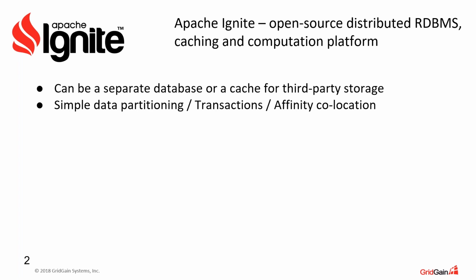Also, Ignite has affinity collocation. It's the ability to send your computations close to data. When you partition your data based on some predicate or some key, for example, by city, if you want to compute some analytics for a specific city, you can just write affinity run or affinity call, and Ignite will automatically send your computation to your city.